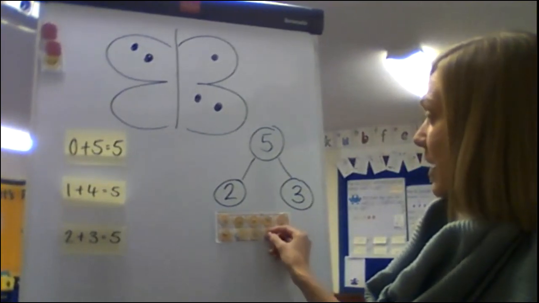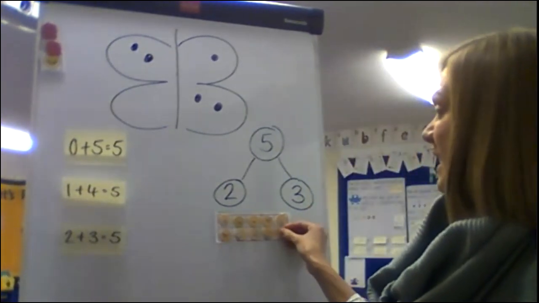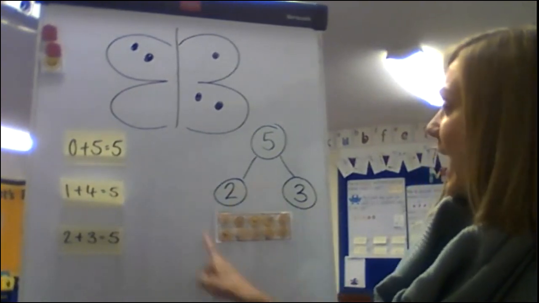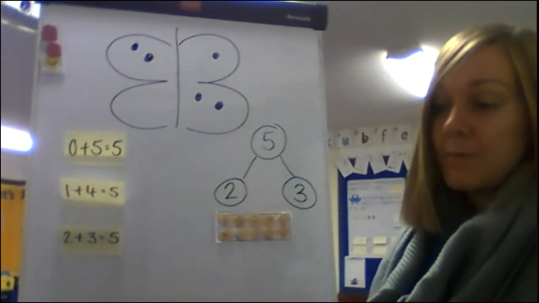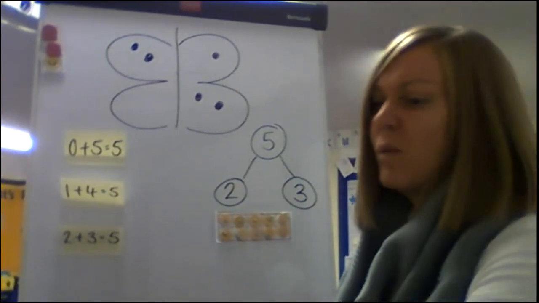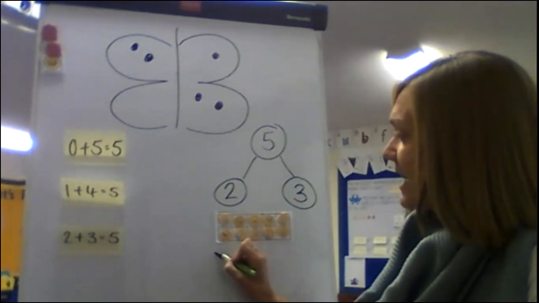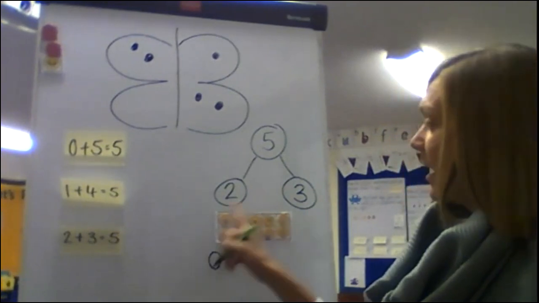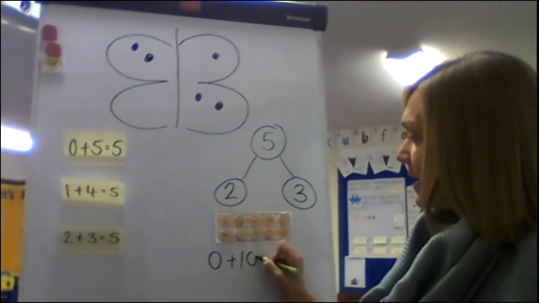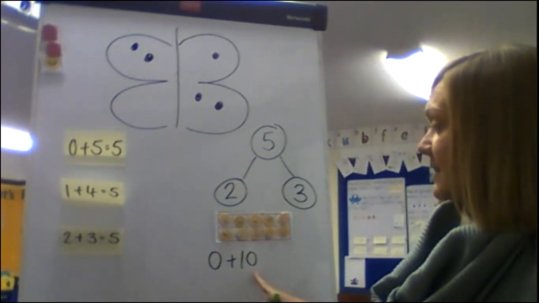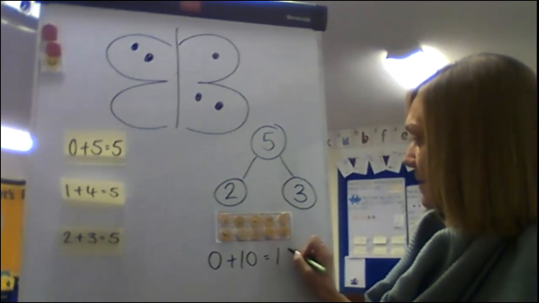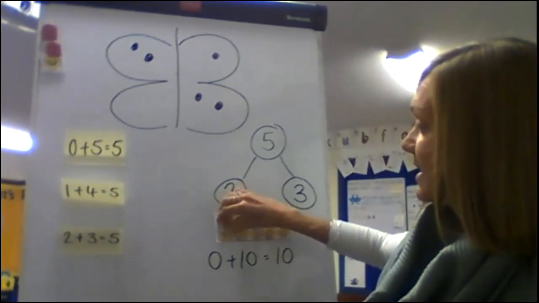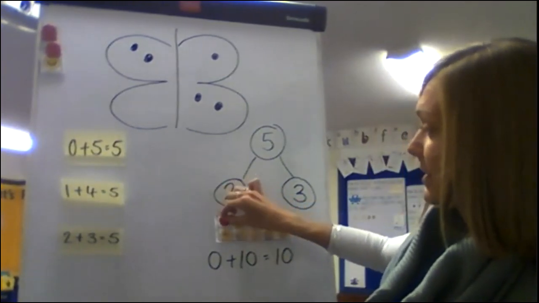So now if I'm trying to work my number bonds out to 10, I'm going to start in that systematic approach. So I'm going to think about how many counters are yellow and how many counters are red. Well, I cannot see any red, so I've got 0 red and I've got 10 yellow. 0 add 10 equals 10. And then using my systematic approach, I then started to turn each counter over.